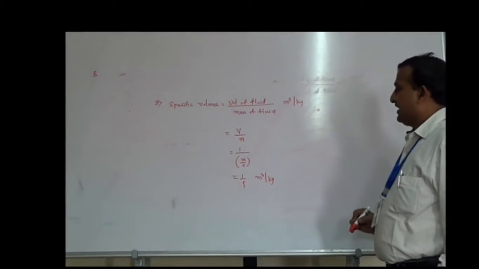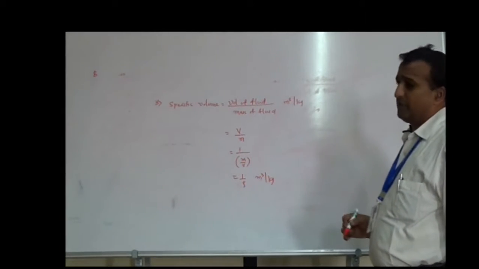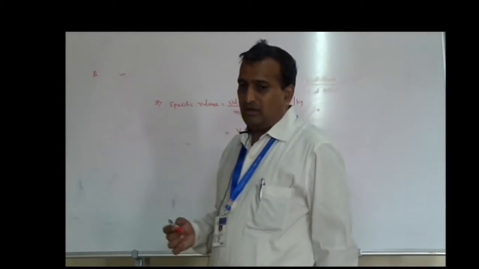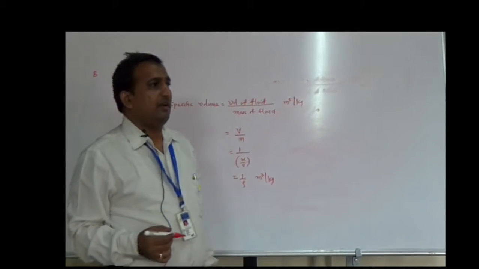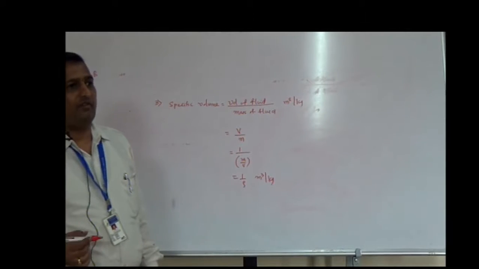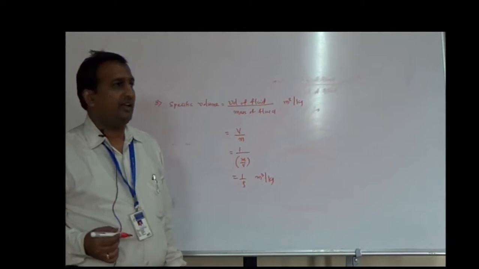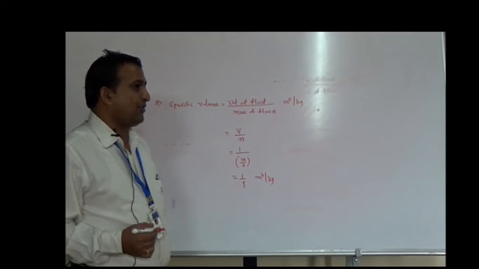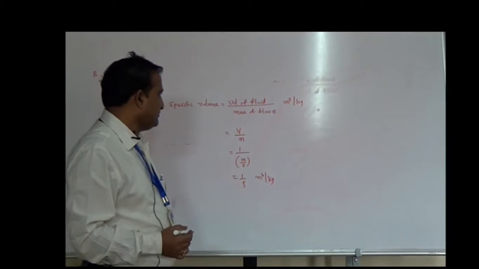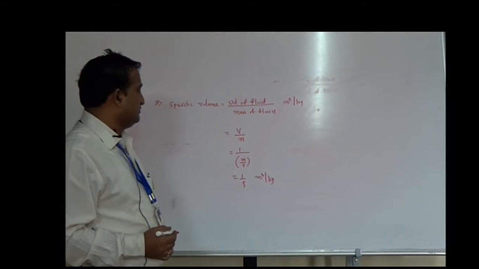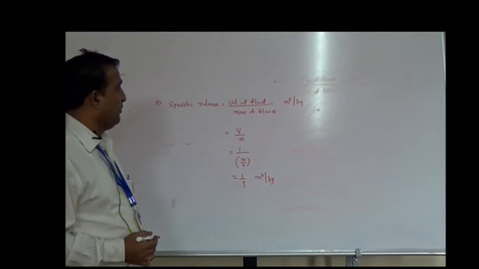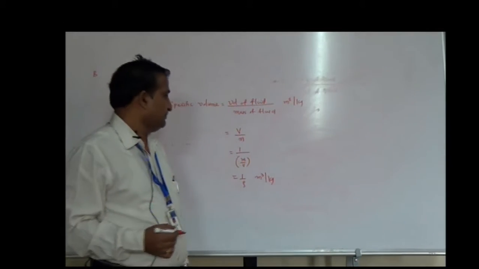Specific volume is a very important property in airfoil bodies, especially in a helicopter and aeroplane. The part should be what? High specific volume, means volume is more and mass is less.